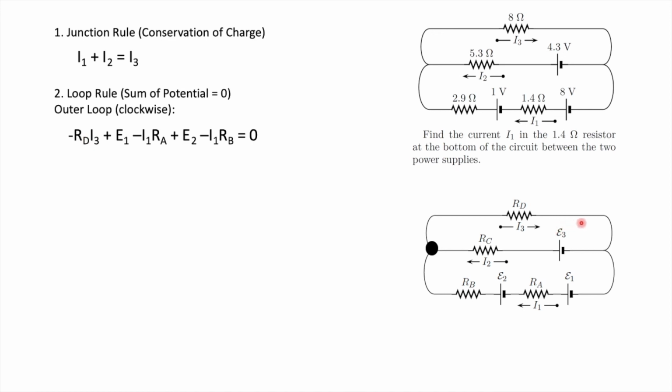Okay, and as I'm going around the outer loop, I reach that junction and follow this direction here, and when I reach here, I go from low potential to high potential, so that's E1 positive.